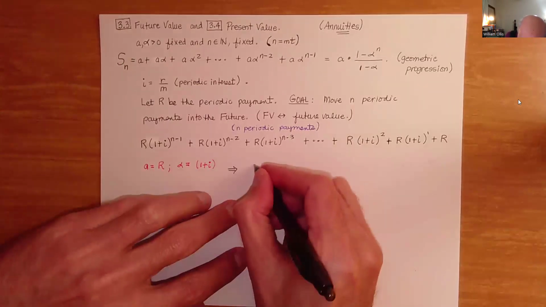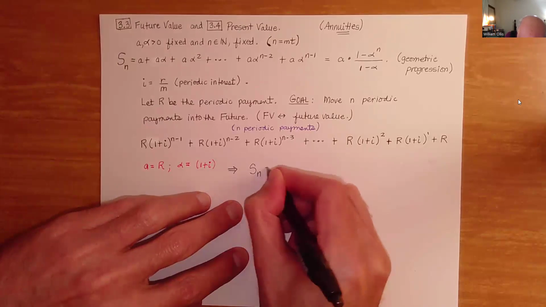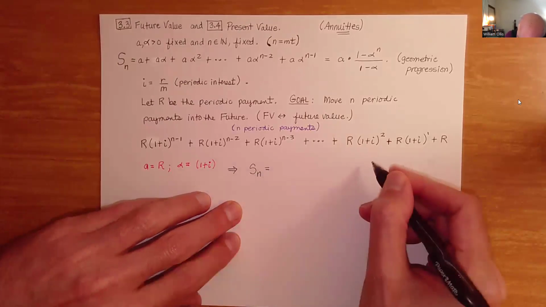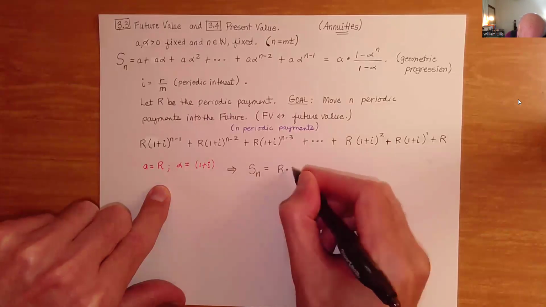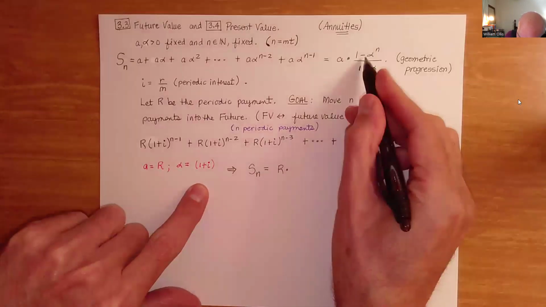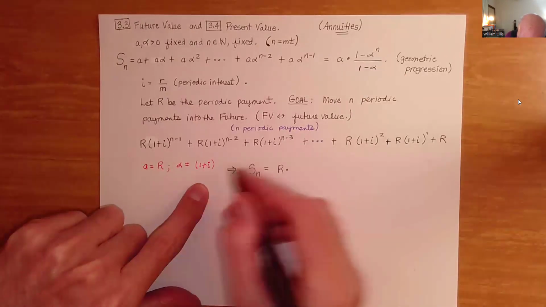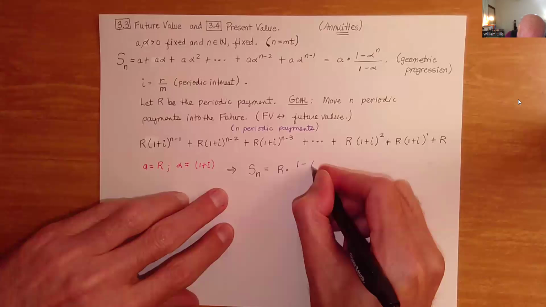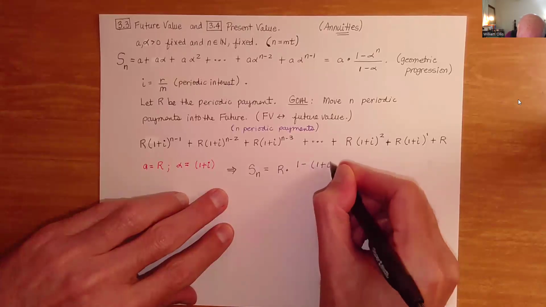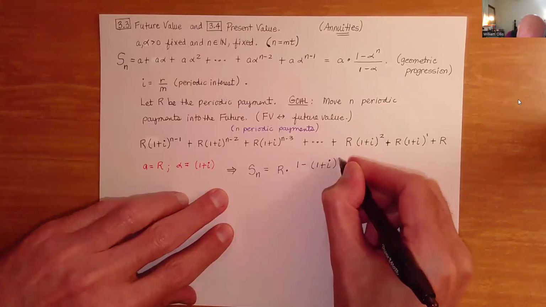So we have the sum will now be the A, which is R, and then we have the 1 minus alpha to the n. Here's our alpha: 1 minus 1 plus I to the n.